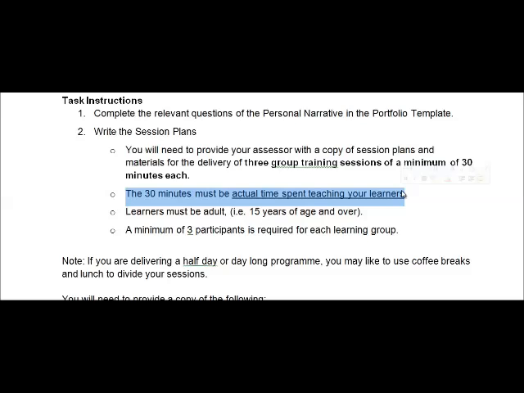So it doesn't count, for example, if you teach for 20 minutes and then let your learners go and practice on their own for the remaining 10 minutes, or do some self-directed learning for 10 minutes. It must be at least 30 minutes where you're up front, working with your learners, explaining, showing, coaching, directing, actively involved in their learning. The learners must be adult, so over 15 years of age, and you must have at least 3 participants.